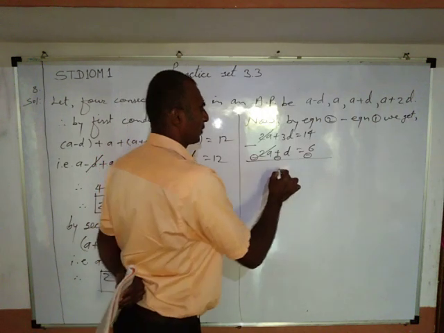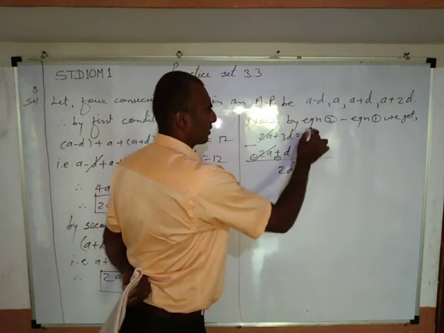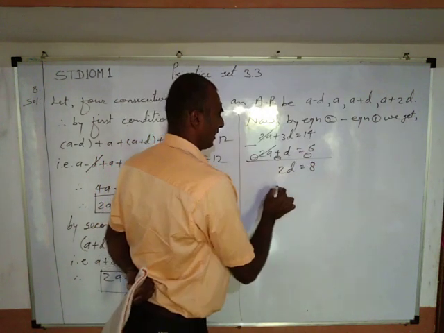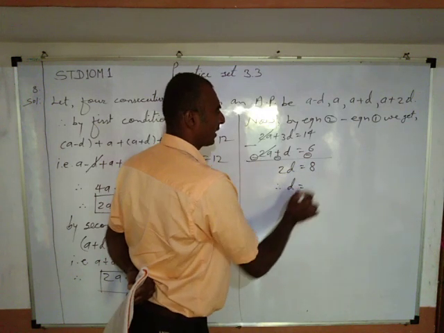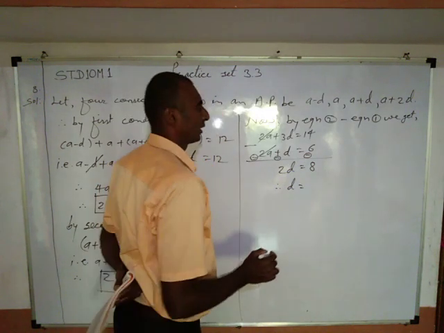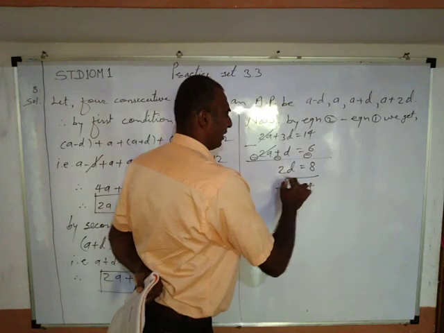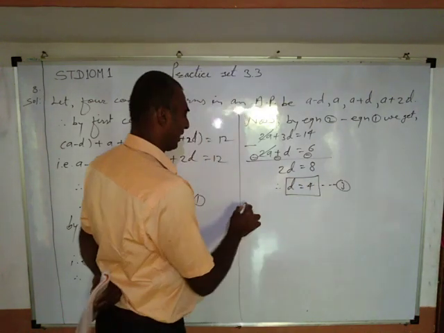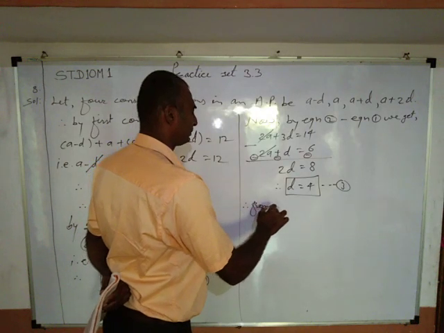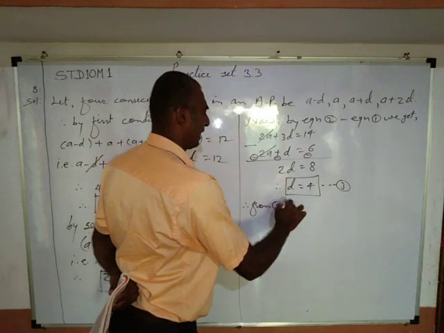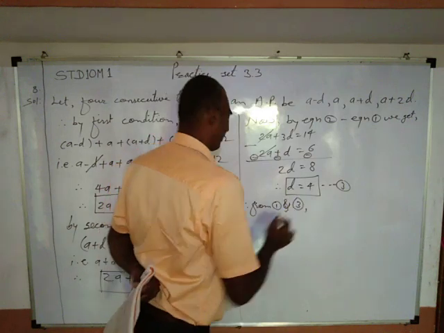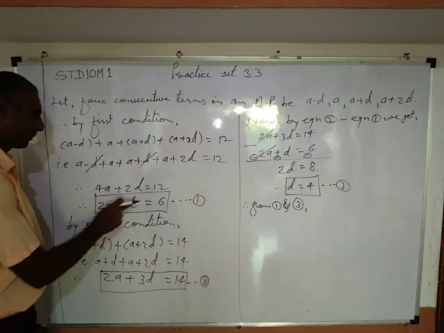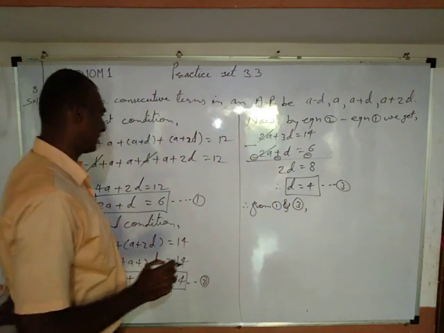3D minus D gives us 2D equals 14 minus 6 gives us 8, and therefore D equals 8 upon 2, means D equal to 4. Let's call it equation third, and therefore from 1 and 3, according to 1, 2A plus D equal to 6, isn't?